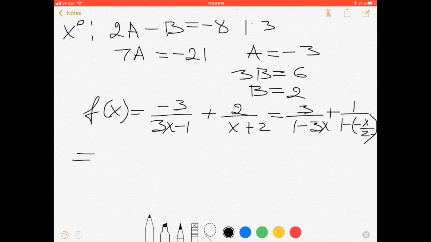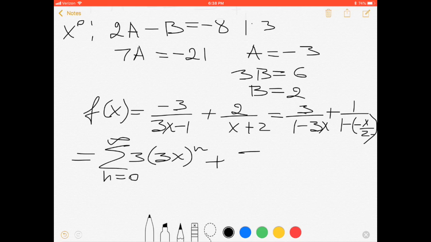This means my first series for the first fraction will be 3 times the sum of (3x) to the power n, from 0 to infinity. And my second fraction will be plus the sum of (negative x over 2) to the power n, from 0 to infinity.